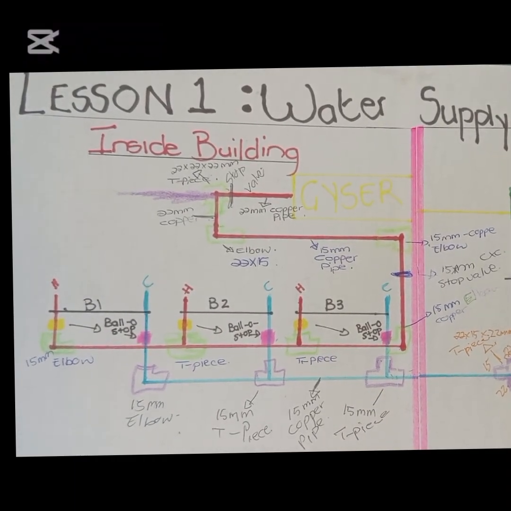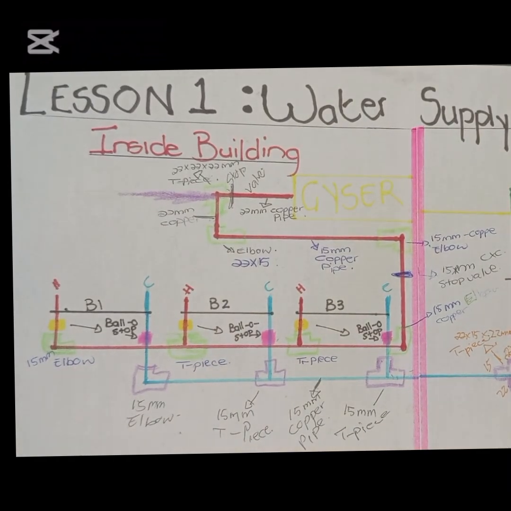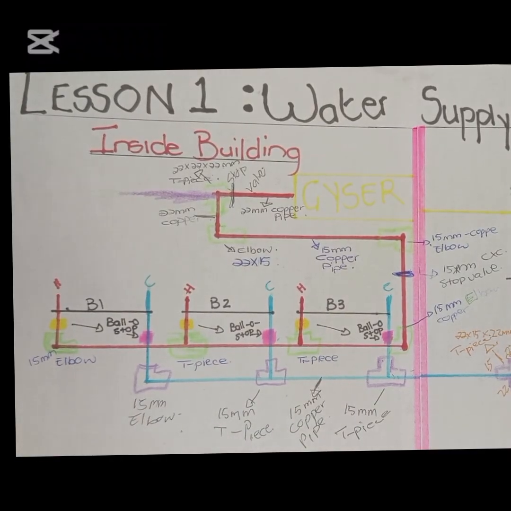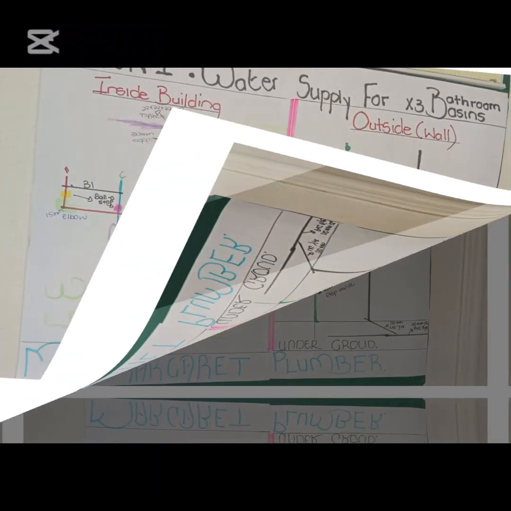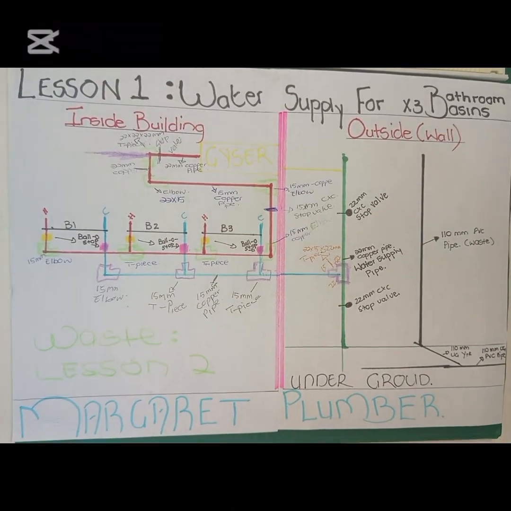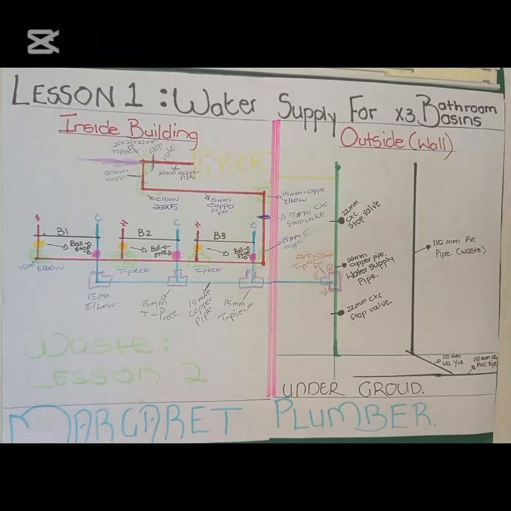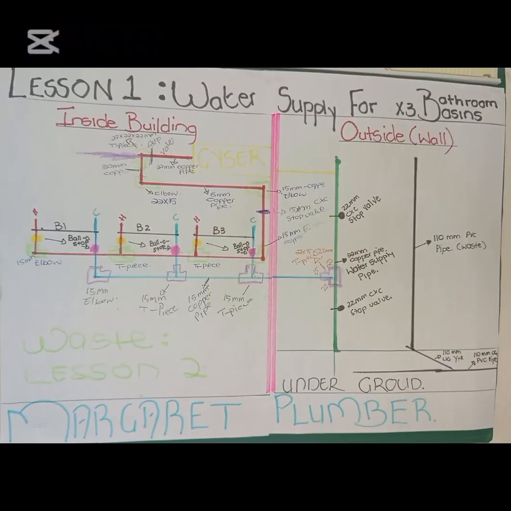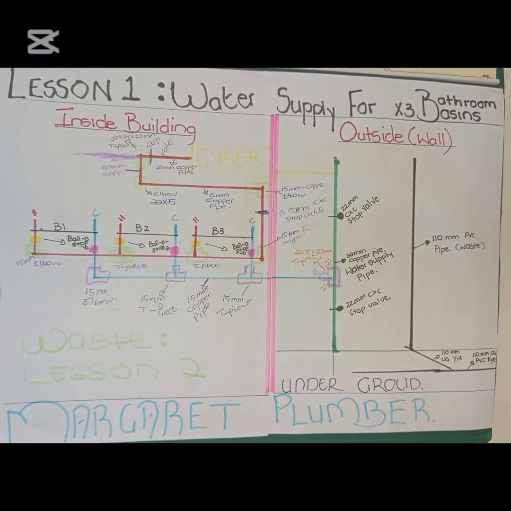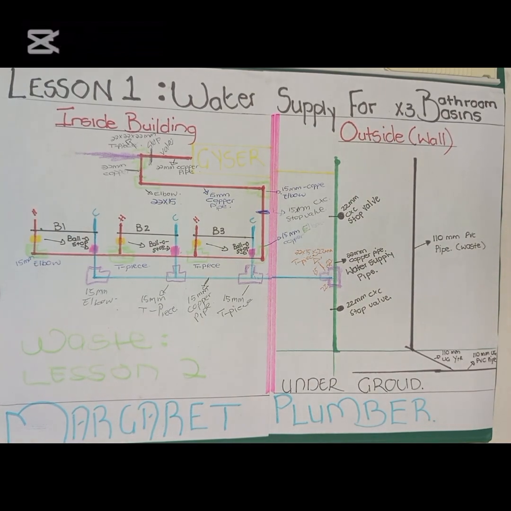On the next lesson we will be doing waste. Now I'm just going to zoom in for you. Just giving you an idea of what we'll be doing, my next lesson will be focusing on waste.